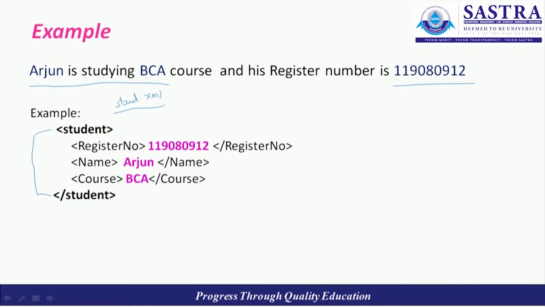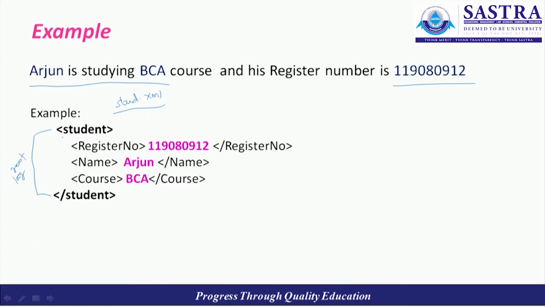Yes, we have only one root tag. It's a root tag, student and /student. The closing tag should start with a slash. The opening tag should not have any slash, backward or forward.